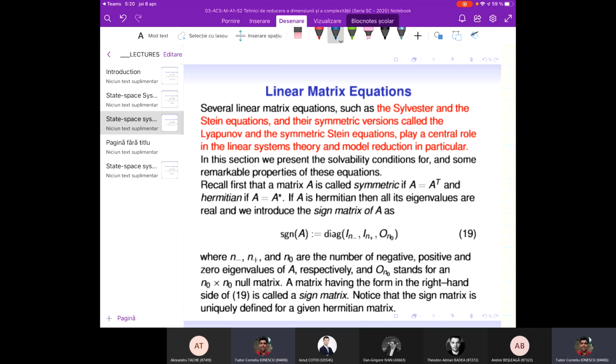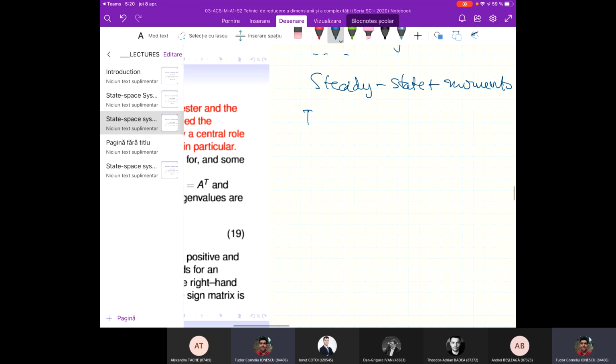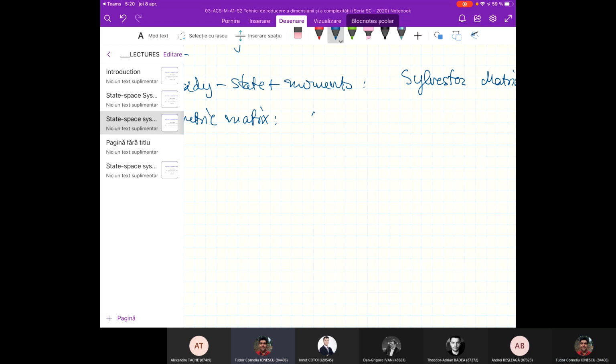A matrix is called symmetric if A equals A transposed, and if the matrix has complex numbers, it's called Hermitian if A is equal to A star. Hermitian means more than transposed; it also means conjugated. So: a symmetric matrix, A equals A transposed.